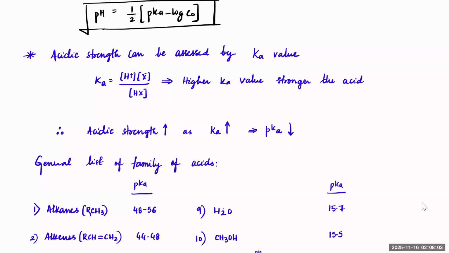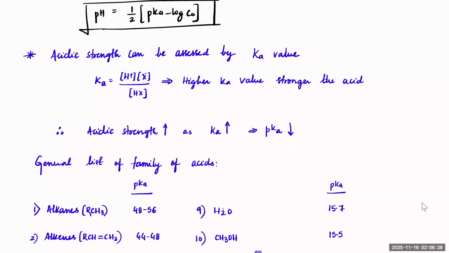Now, for an acid, if it is more acidic, you will agree that it has to give more amount of H plus ions, which means this numerator value. If the numerator value is higher, what do we expect with the Ka value? That should also be higher. Therefore, higher the Ka value, stronger is the acid.